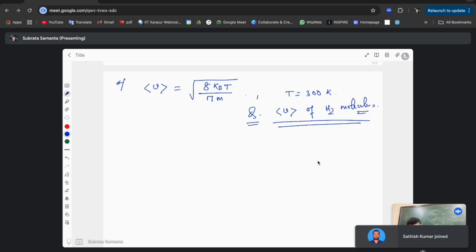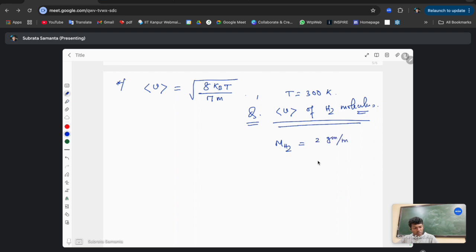First of all, calculate mH2. One mole of H2 is 2 grams, so that gives you 2 times 10 to the power minus 3 kg per mole. I converted to SI units.